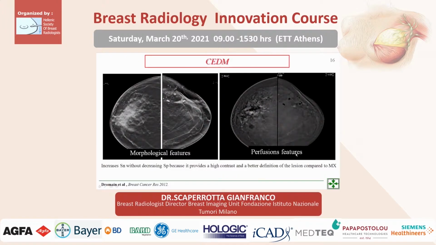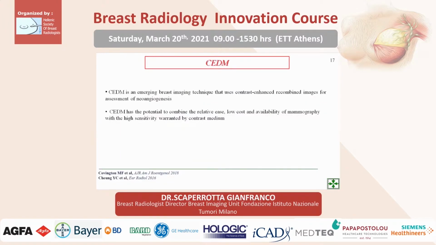The use of CEM improves the sensitivity and specificity of the diagnosis. CEM is an emerging breast imaging technique that uses contrast enhancement to assess neoangiogenesis. CEM has the potential to combine the relatively easy, low cost and reproducibility of mammography with the high sensitivity warranted by contrast medium.